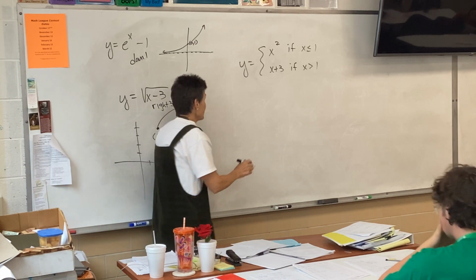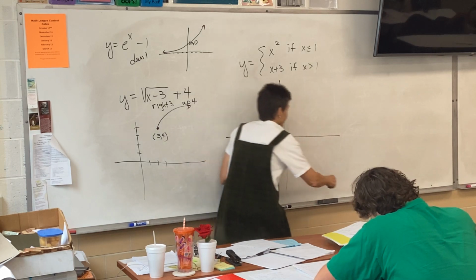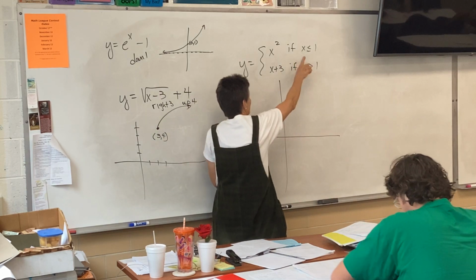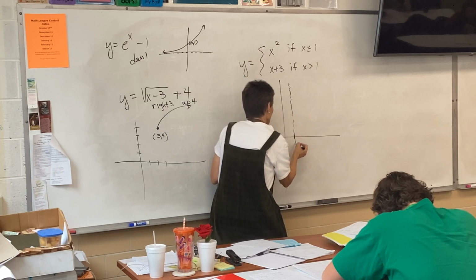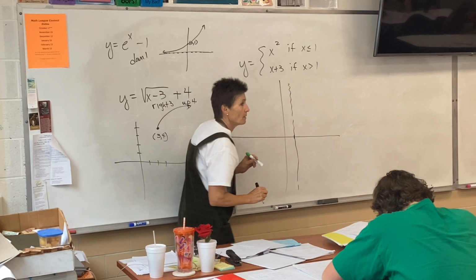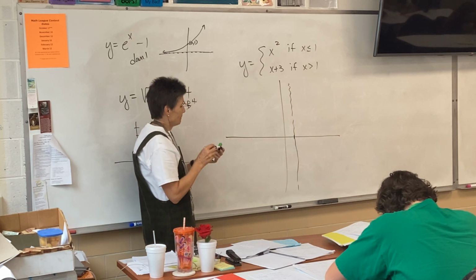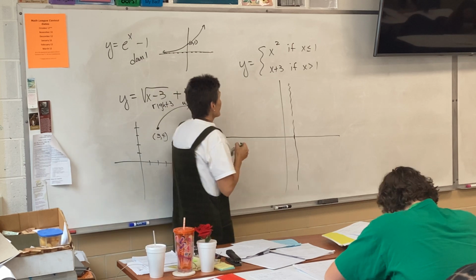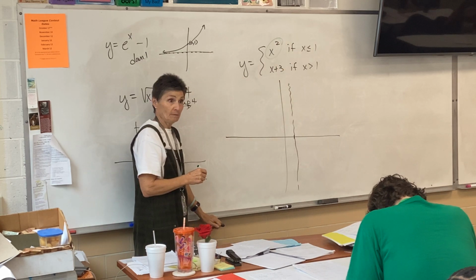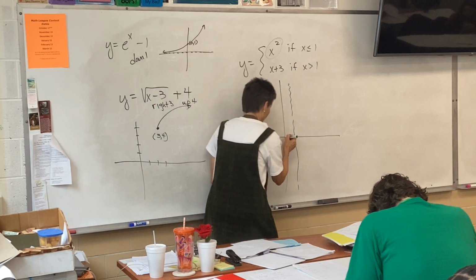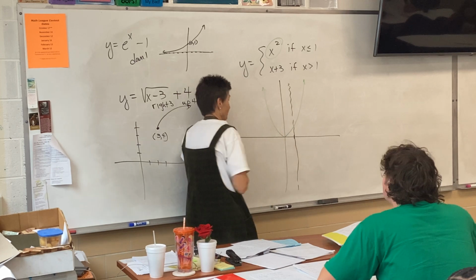All right, one step at a time. Let's do that top line. First of all, where's my break gonna be? Where's my squiggly? At 1. That's when the picture's gonna be broken. Piecewise functions are in pieces. What shape is that? Parabola. Vertex at the origin. There it is.